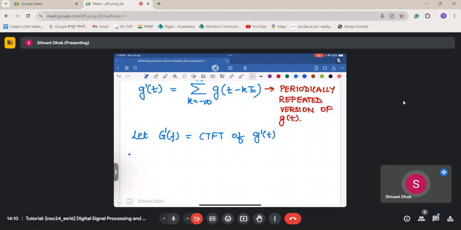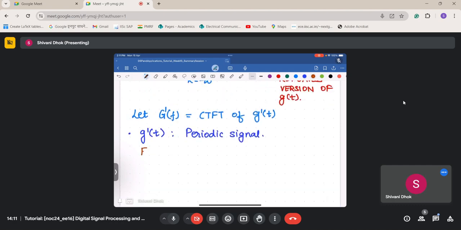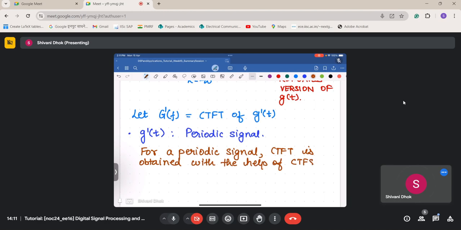One thing we should notice is that g prime t is a periodic signal, and for a periodic signal, the CTFT is obtained with the help of its continuous time Fourier series coefficients.